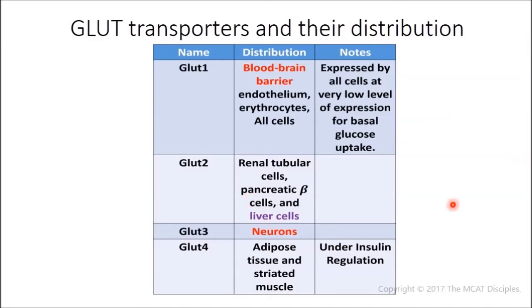Okay, pancreatic beta cells. GLUT3 then is found in neurons. Okay, again, notice that neurons don't give a hoot. Blood-brain barrier doesn't give a hoot about insulin, because insulin only regulates the level of GLUT4 transporters in muscle and adipose tissue.